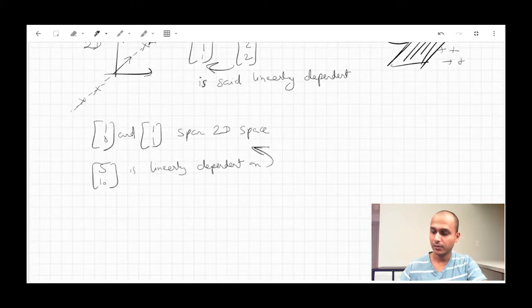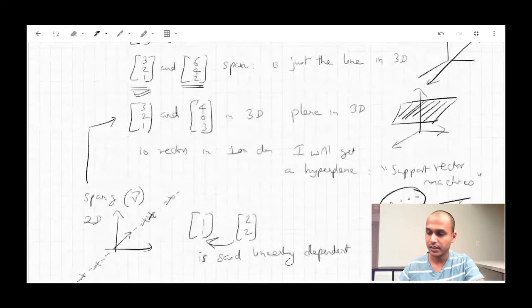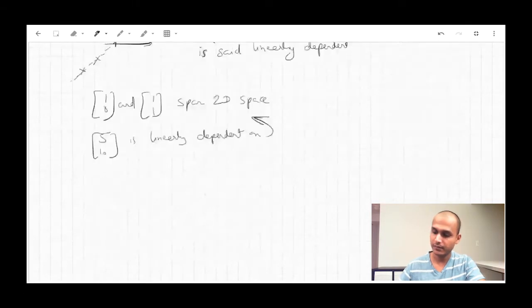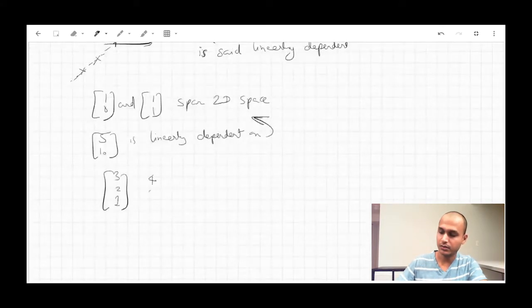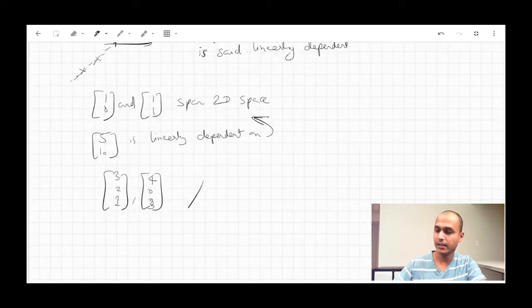For example, let's go back to that case where we had two vectors in 3 dimensions, which is 3, 2, 1 and 4, 0, 3. So these two vectors basically span a plane in 3 dimensions, right?